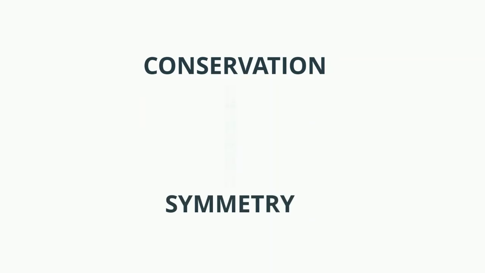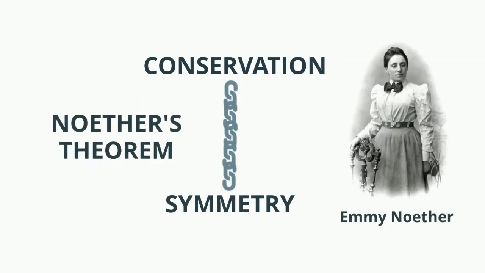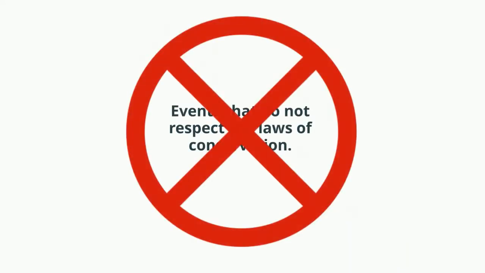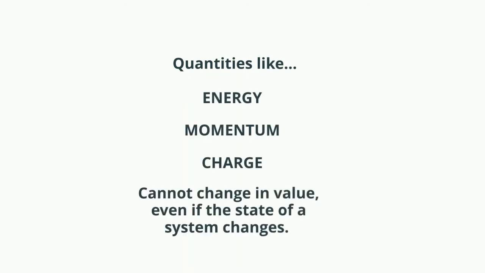In our last videos, we introduced the concepts of conservation and symmetry, and observed how they were linked through Noether's theorem. In particular, the kinds of events that can occur in nature are limited by a set of rules, namely that quantities like energy, momentum, and charge cannot change in value even as a system undergoes a dynamic change in its overall state.